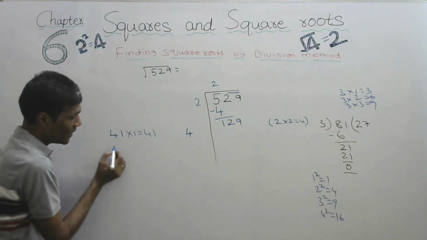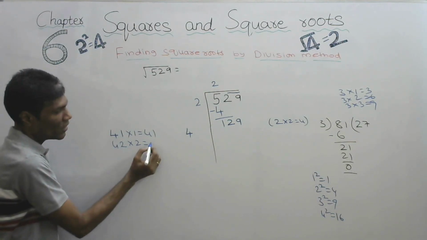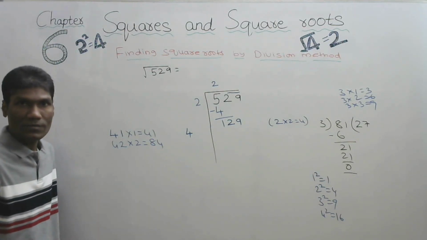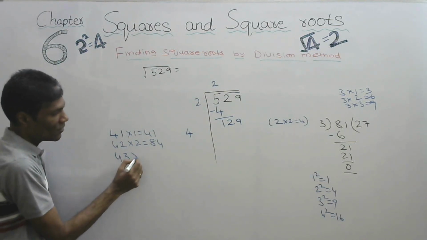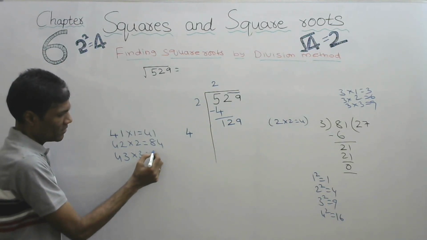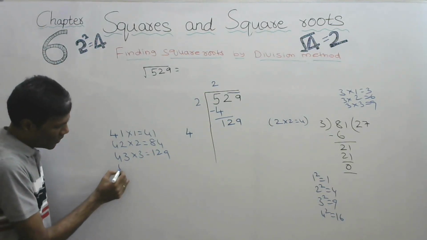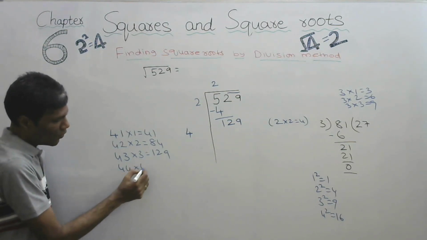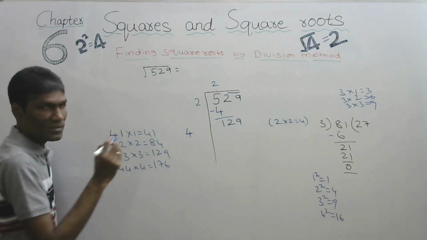If I write 2, 42, then I should multiply with 2. 42 twos are 84. If I write 3, 43 threes are 129. If I take 44 into 4, 44 fours are 176.